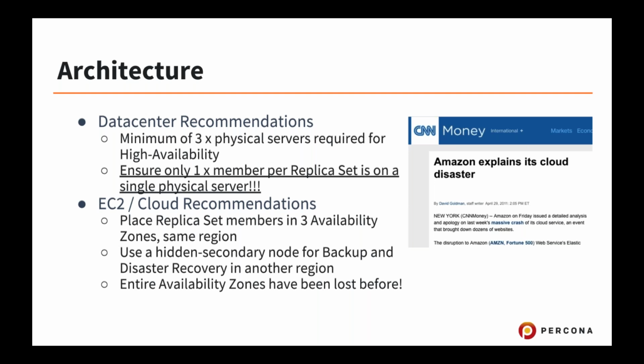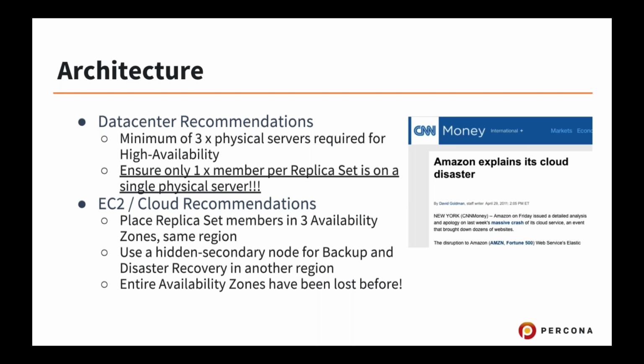People who set up their production in a single availability zone, the one that went down, were heavily affected, whereas setups that were in many availability zones and regions were okay. So I generally recommend that you always put a replica set member, if you have 3 or 5, in different availability zones.